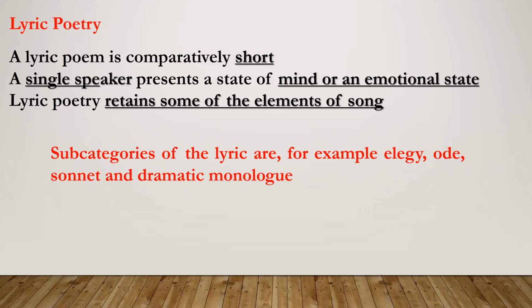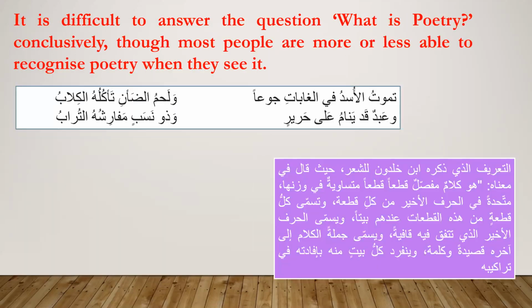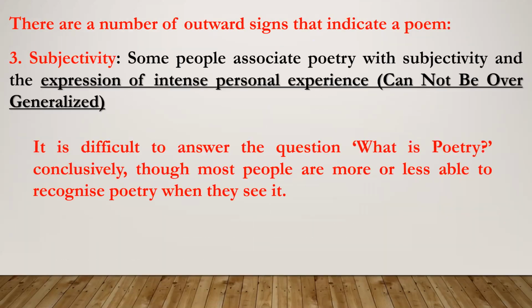What does it say? A single speaker presents a state of mind or an emotional state. What does that mean? If we refer back to subjectivity, we were talking about personal experience, an experience that is based on the person himself. We're not talking about scientific facts or being objective.